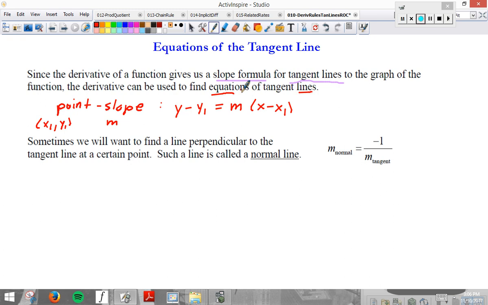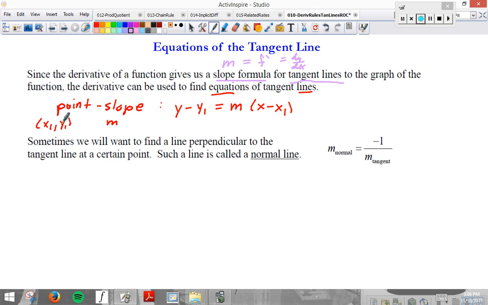So for the equation of a tangent line, we're going to use the derivative to get the slope. So we're talking about m, slope, equal to f prime, basically, or dy dx. It's that idea we're using.